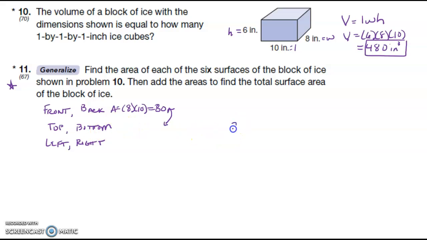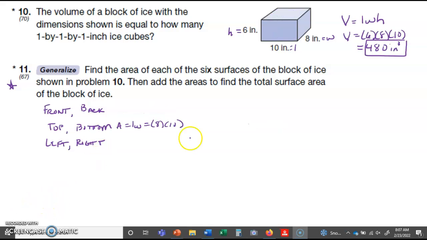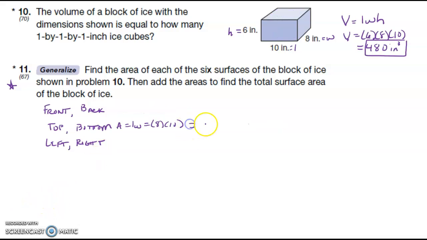I have a top and a bottom. So I have 2 times 80, which is 160. I'm going to pause this and erase that and try and do it right. Okay, so I moved that to top and the bottom, and I know it's 2 times 80, which is going to be 160. So that's the area of the top and the bottom.